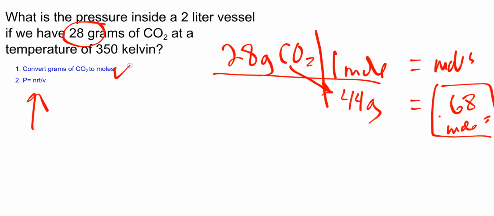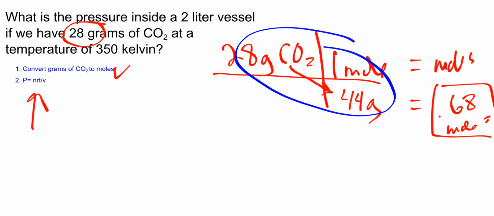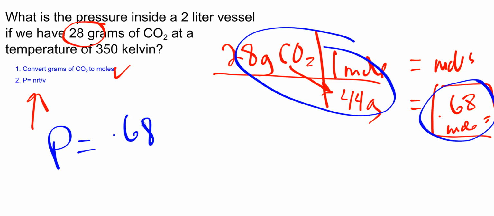So once we've done step 1, we can move to step 2, where P equals nRT over V. So simply, we do our molar conversions and then PIVNERT. So it's just one extra step. So our pressure will be equal to N, which is my number I estimated here, 0.68 moles.